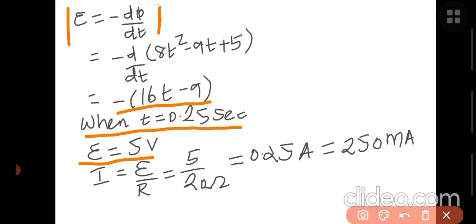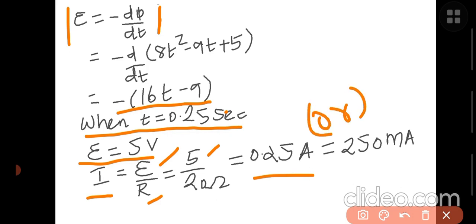Please pause the video and solve for the induced EMF. We get 5 volt. And substituting in Ohm's law, I equal to V by R or E by R, with E as 5 volt and R as 20 ohm, which gives 0.25 amps, or we can write 250 milliamps.